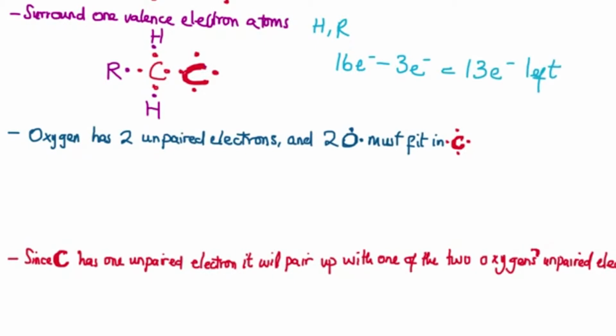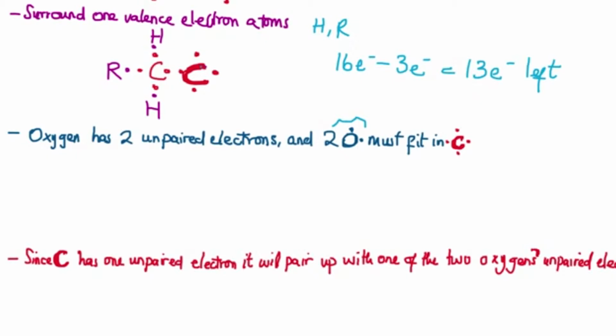The next step is to focus on the oxygens. Now we know that oxygen has 2 unpaired electrons, with this specific structure like that, and this must fit onto this particular carbon right here.